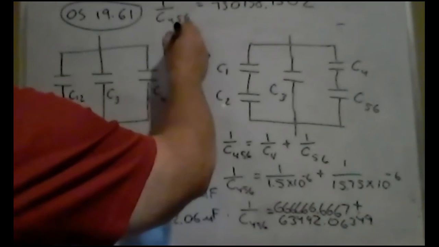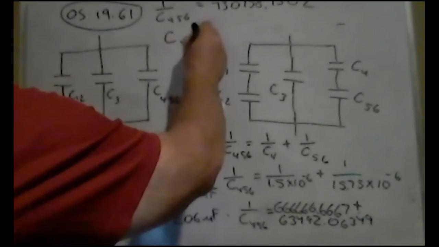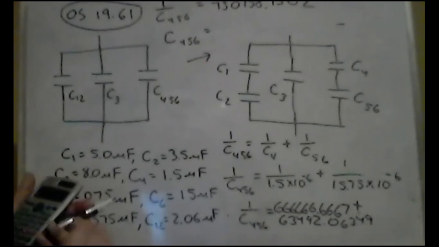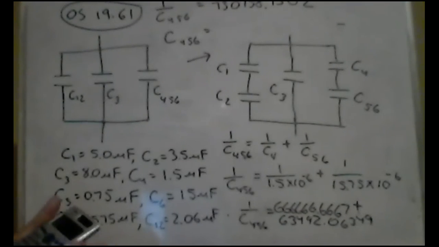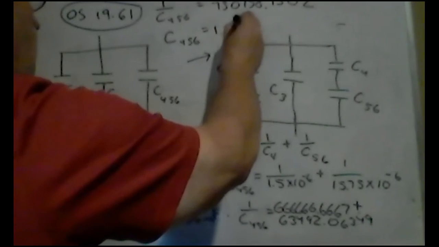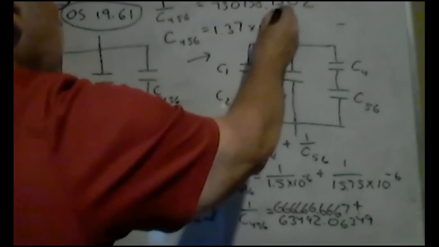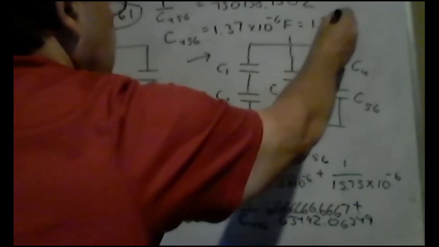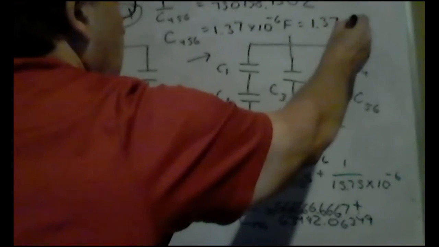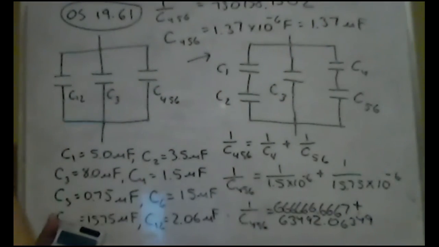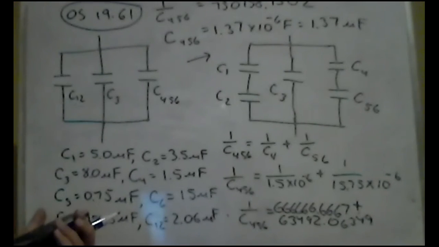So C456, flipping both upside down, taking the inverse of each one, I find out that it's going to be 1.37 times 10 to the negative 6 farads, which is 1.37 microfarads. Great. That is what I want now.